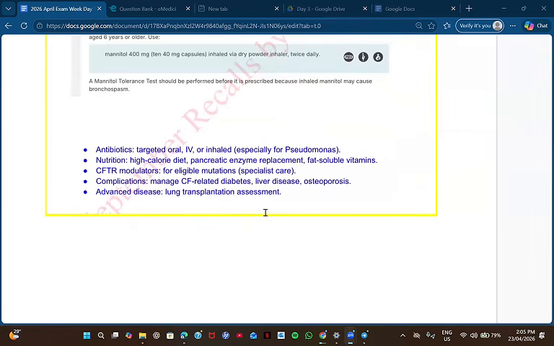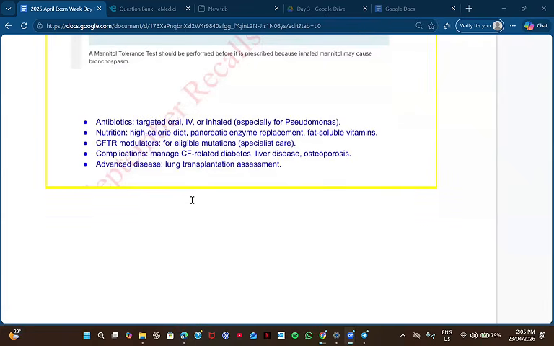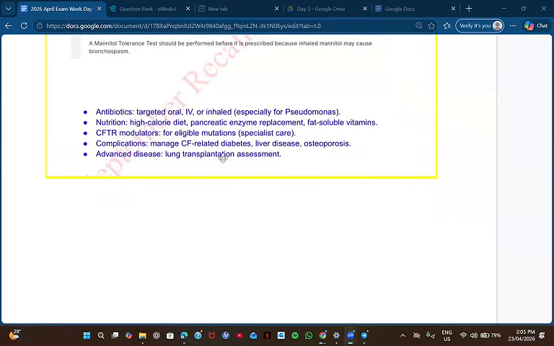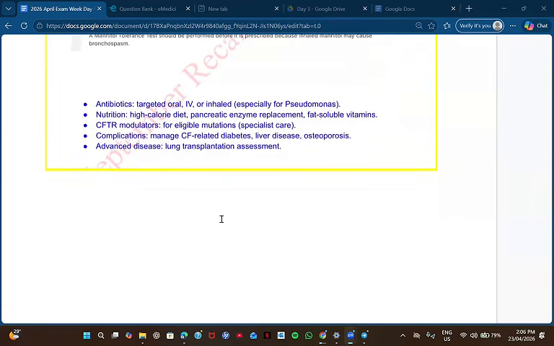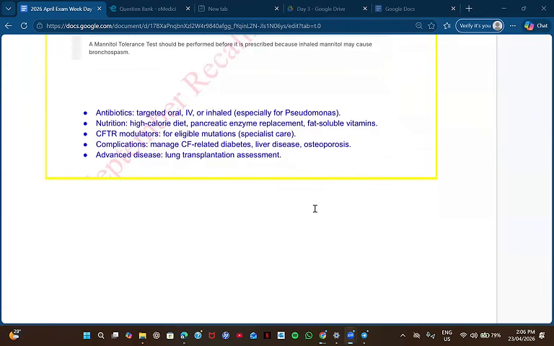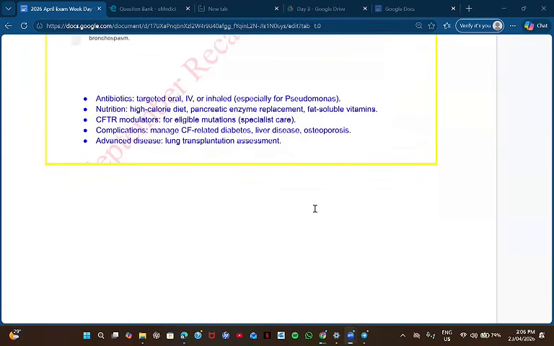The patient needs a high-calorie diet, pancreatic enzymes, fat-soluble vitamins. CFTR modulators for eligible mutations only, with specialized care. For complications, you have to manage CF-related diabetes, liver disease, osteoporosis. If advanced lung disease is present, you have to do a lung transplantation as well.